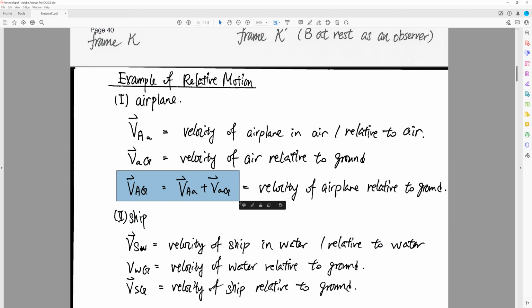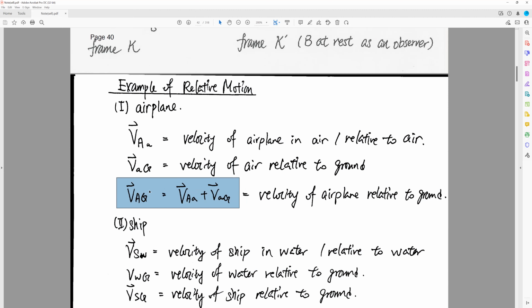But if you want to measure the time of flight of an airplane, then you're using VAG. But if you're talking about the maximum speed of the airplane, you're talking VAA here. Do you understand?